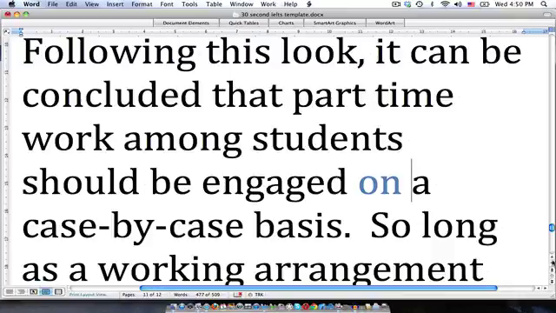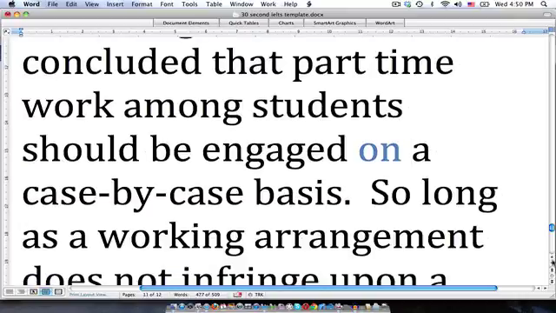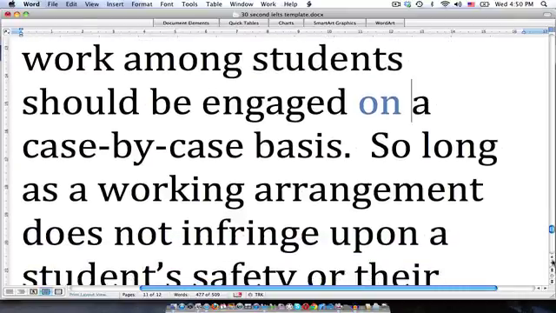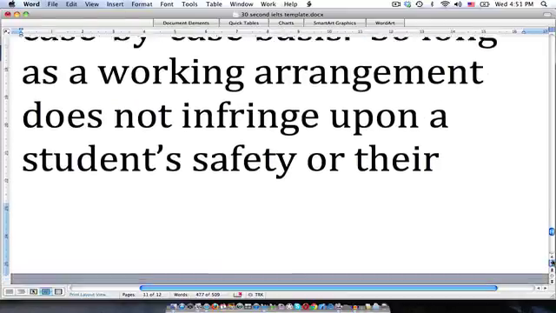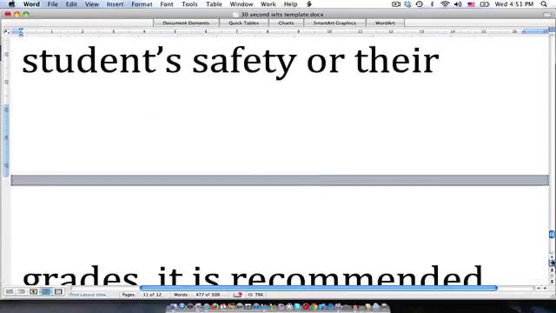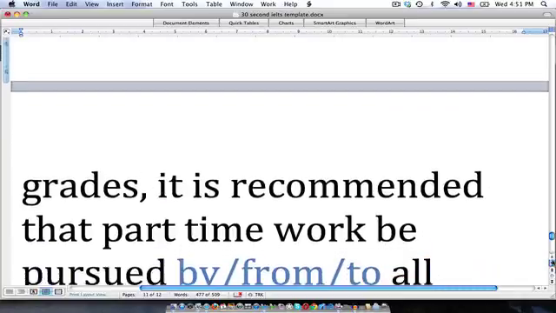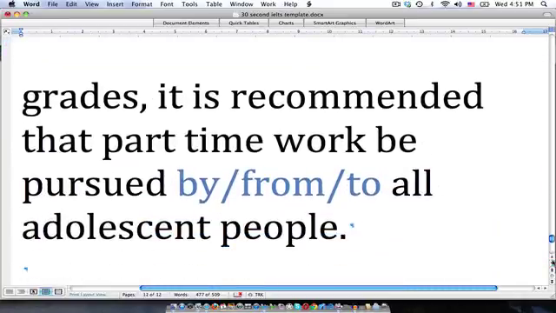So long as a working arrangement does not infringe upon a student's safety or their grades, it is recommended that part-time work be pursued by, from, to all adolescent people.